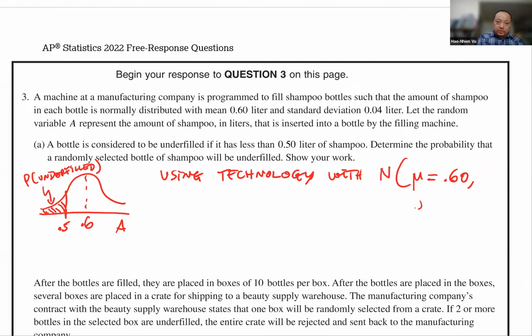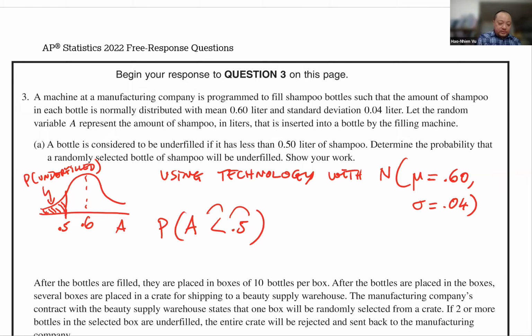Mu equals 0.60 and sigma equals 0.04. Then the probability I'm looking for, and the variable here is A, so I'm just going to use A, less than 0.5. This is usually what's required for a normal probability distribution. You need the cutoff and you need the direction.